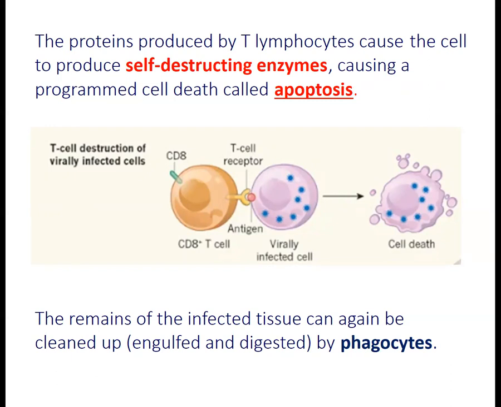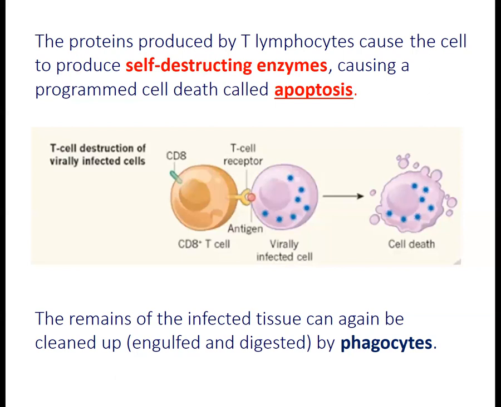So how does that help the body? Well, you can see here that the infected cell has been destroyed, and that usually stops the pathogen, usually a virus, from replicating. Particularly in the case of viruses, they want to get into your cells to replicate, to reproduce.